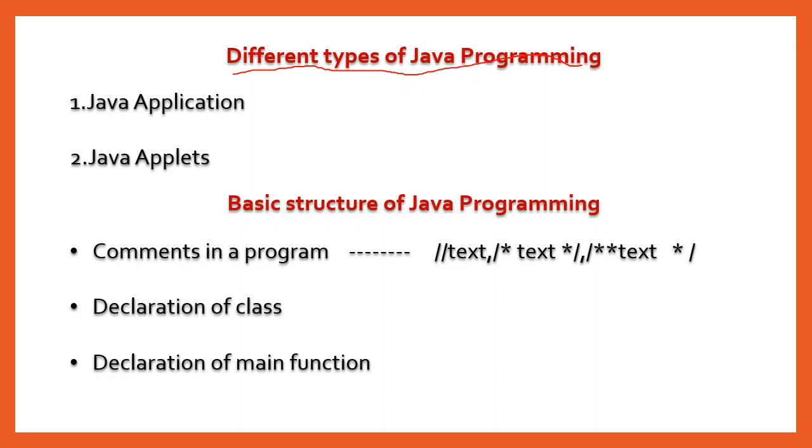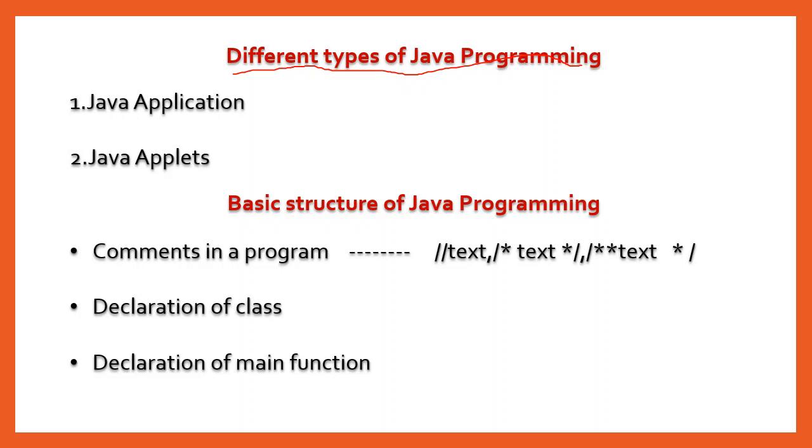Next one is Java applets. A Java applet is also a program written in the Java programming language that can be included in an HTML page. HTML means hypertext markup language.